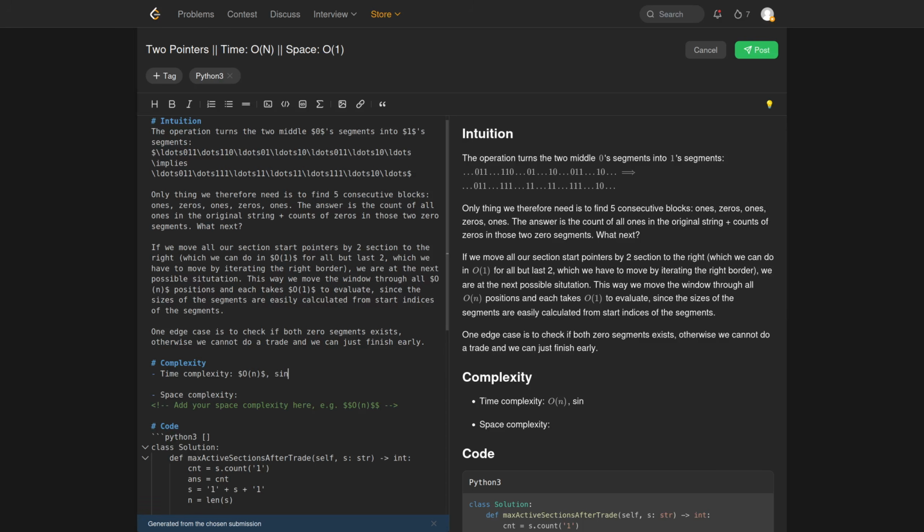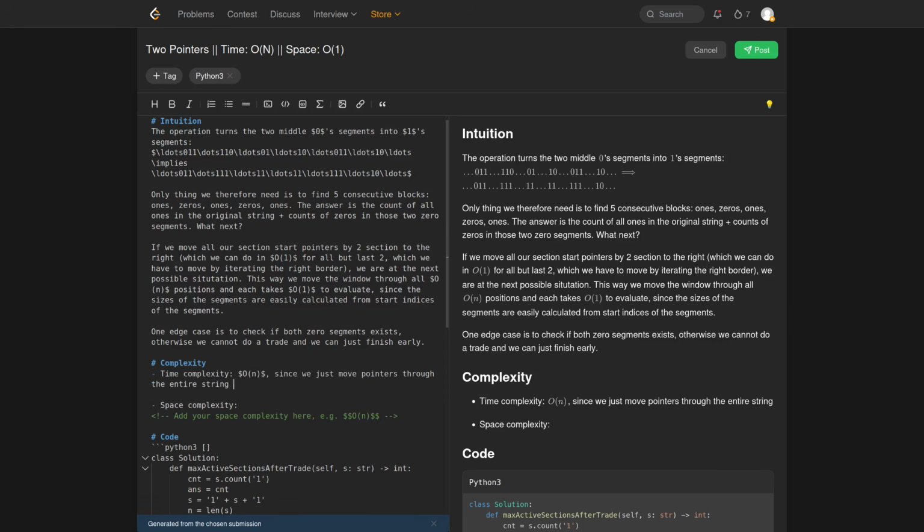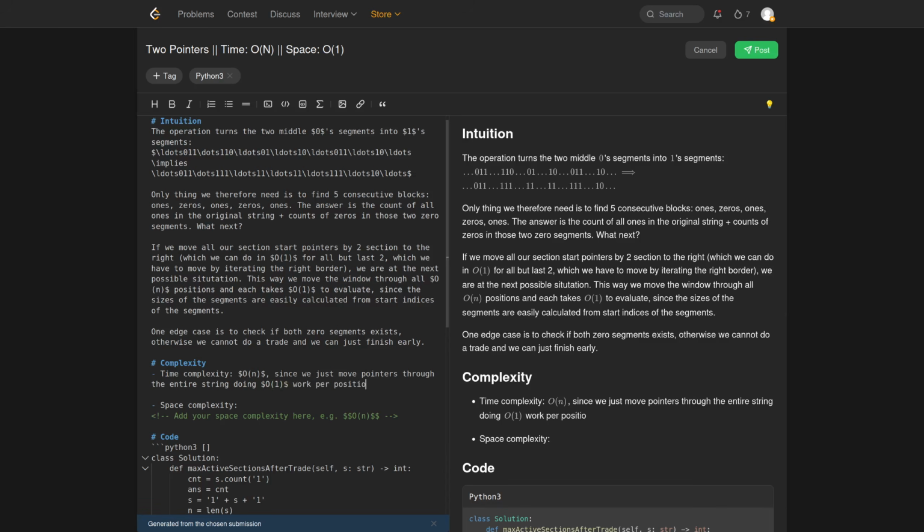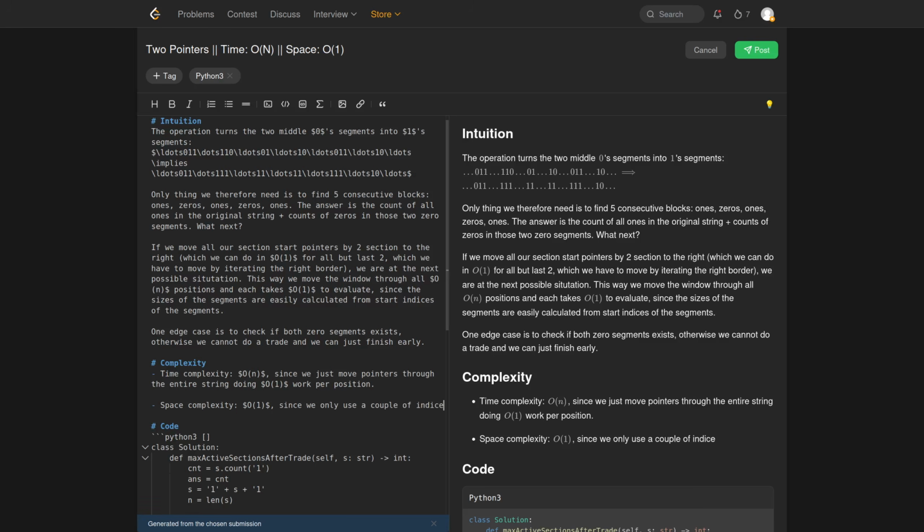It is O(n), since we find the initial sections and move pointers through the entire string. Couple of indices. Okay, kind of a pain, but see you tomorrow.